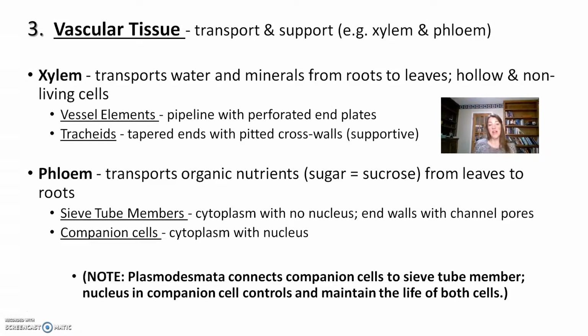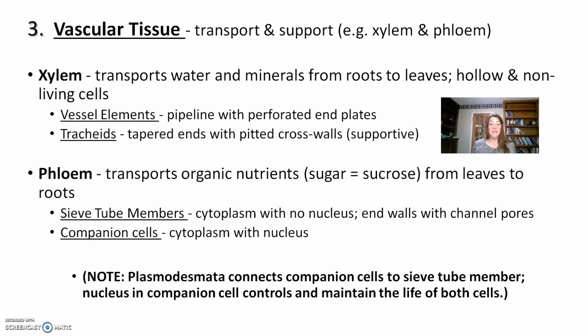Now you have companion cells that are next to these sieve tube members, and these are the cells that have the nucleus. So they're the command center, and here's all the machinery doing its job. I want you guys to know that the plasmodesmata connect companion cells to sieve tube members. Okay, this is in the phloem.